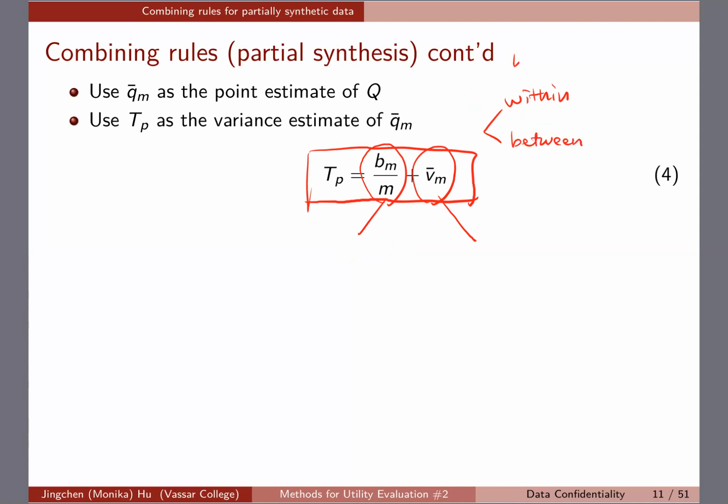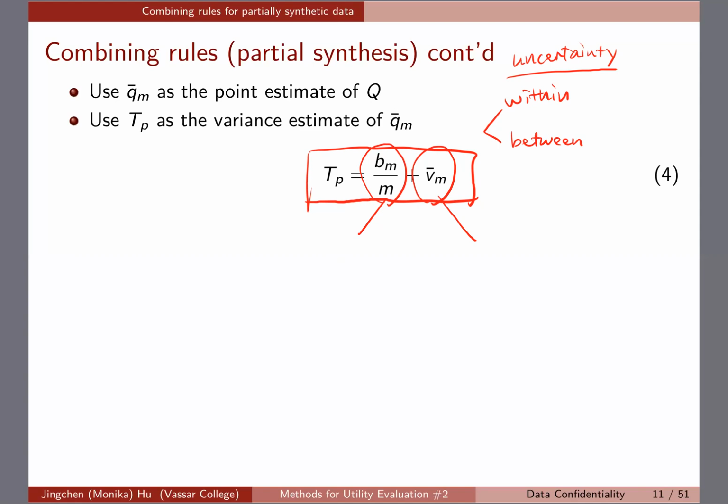When we think about uncertainty, because now we have multiple synthetic data sets, just like multiple groups, which piece is the within data set uncertainty and which piece is the between data set uncertainty? Within will be the estimates that you have for each synthetic data set, and the between is when we compare across the synthetic data sets.